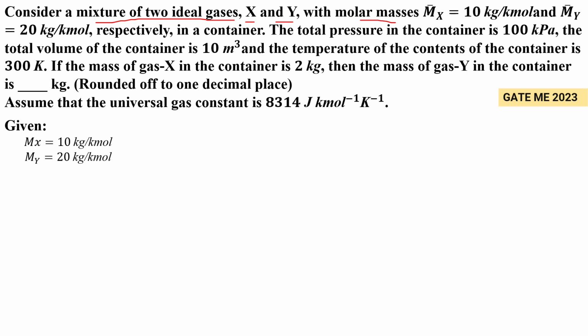The total pressure in the container is 100 kilopascal. So total pressure, let's consider capital P equal to 100 kilopascal, which is equal to 100 into 10 to the power 3 pascal.